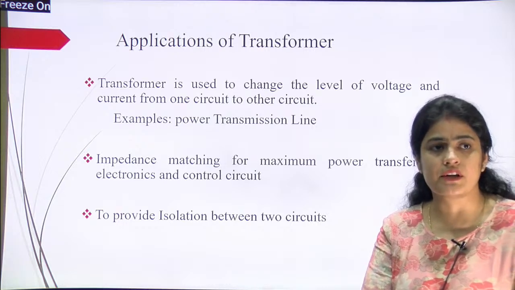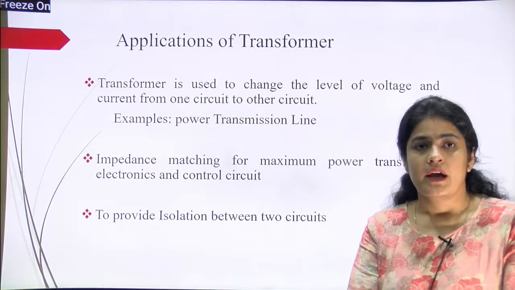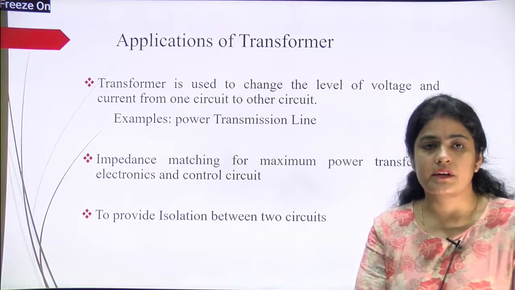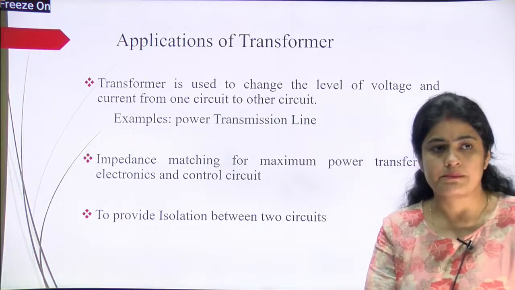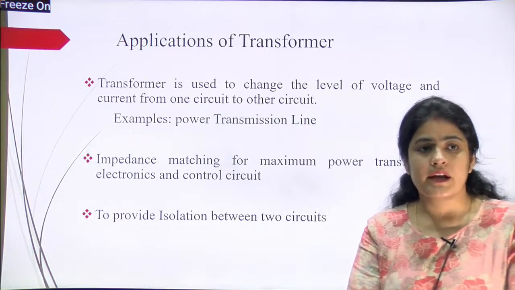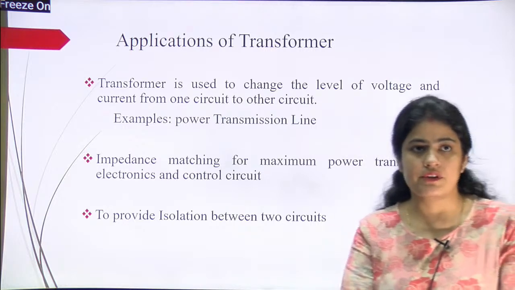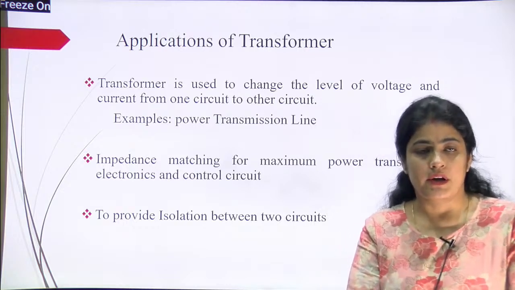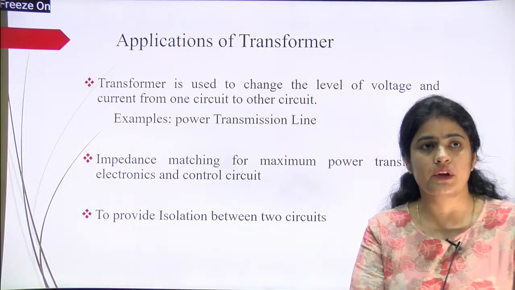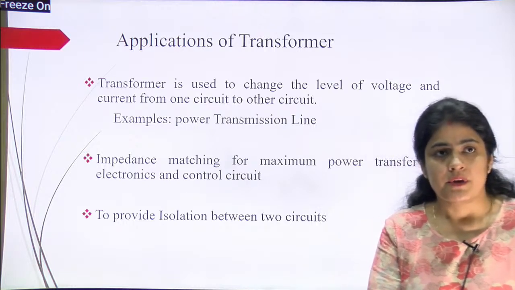Second, it is used for impedance matching for maximum power transfer in electronic circuits, where a low rating transformer is used. And third, it can be used for isolation, because here we are going to discuss the two winding transformer. When we transfer electrical energy from one circuit to another, it is transferred through the magnetic circuit medium.